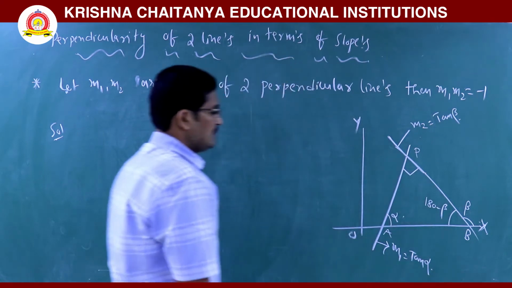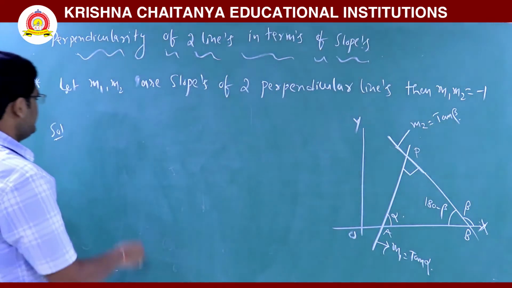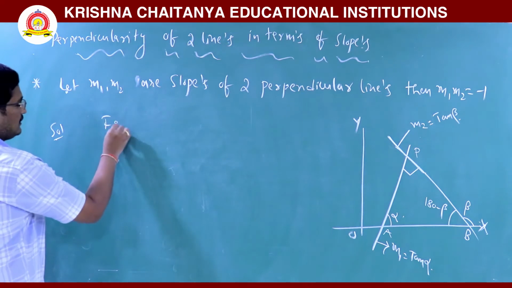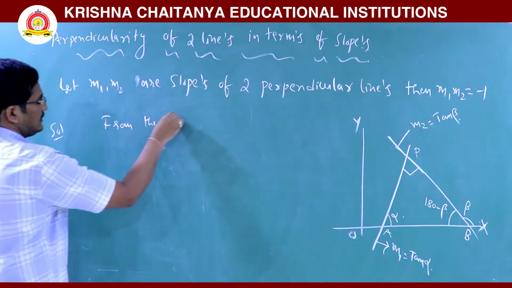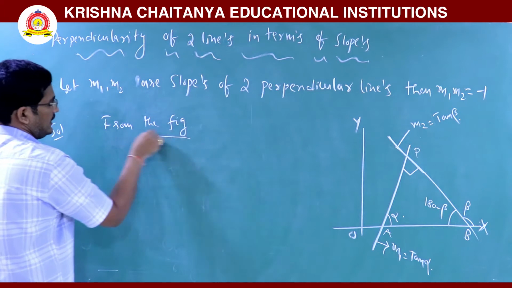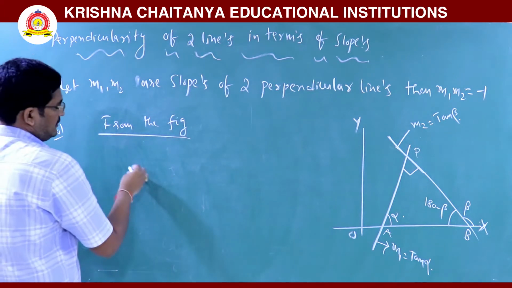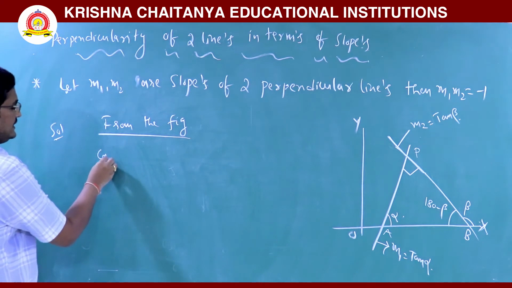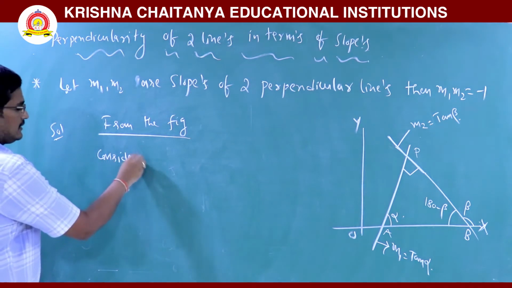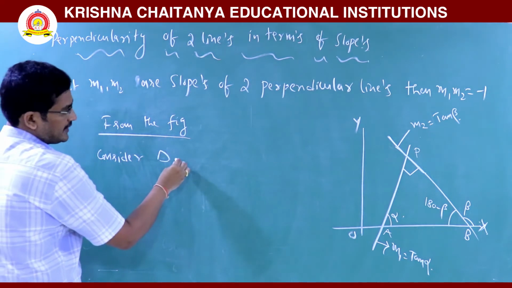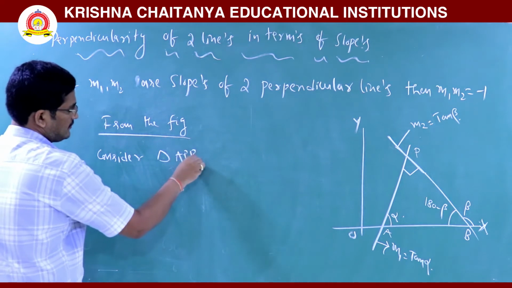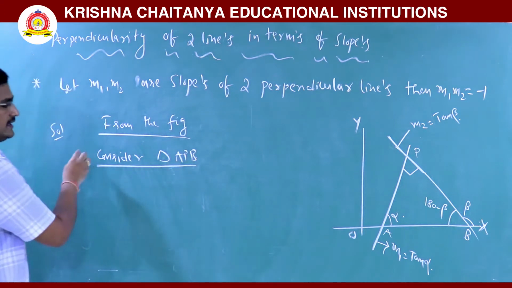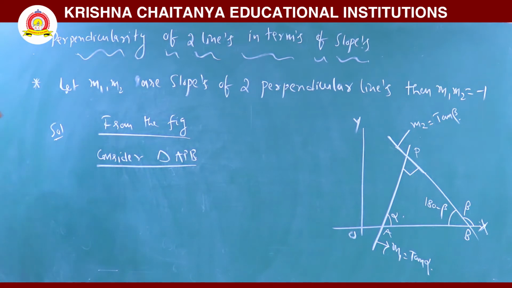So from the figure, consider the triangle APB.